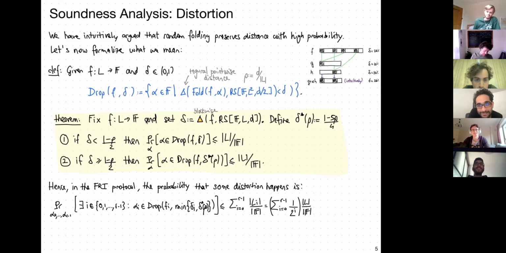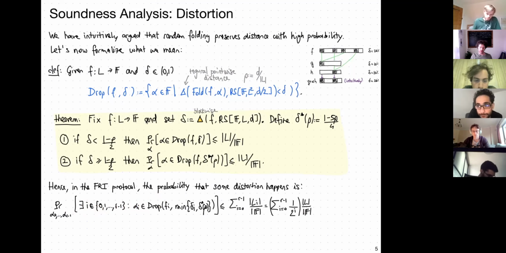Okay, thank you. Just to say, what's happening in the FRI protocol, we want to ask what is the probability that we'll get some distortion. What does it mean that we'll have distortion? It means that there exists some round in which we hit the drop set. So I want to ask what is the probability that nowhere in the entire protocol did the distance drop.